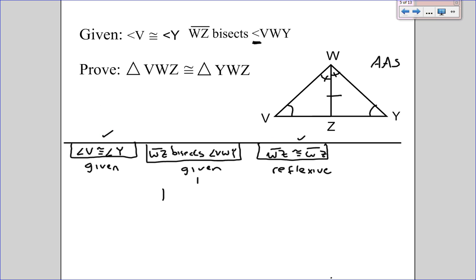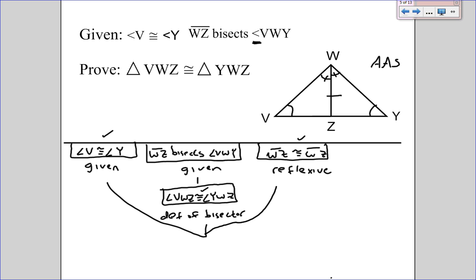So below this, I can write, well, I saw that it's an angle bisector, so angle VWZ is congruent to angle YWZ. And that's, of course, by definition of bisector, one of those things we took notes on at the beginning. So that's my third congruent statement, so just join them together now and say triangle VWZ is congruent to triangle YWZ by AAS congruence.